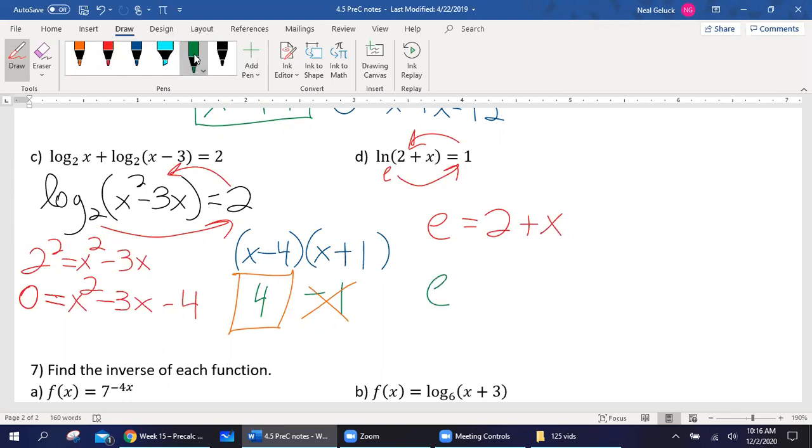So e minus 2 is what x equals. And that's an exact answer, so I'm just going to leave it. If your homework asks for a decimal approximation, you can throw it into a calculator. If I plug that in, that will not give me the log of a negative or 0, so we're okay.